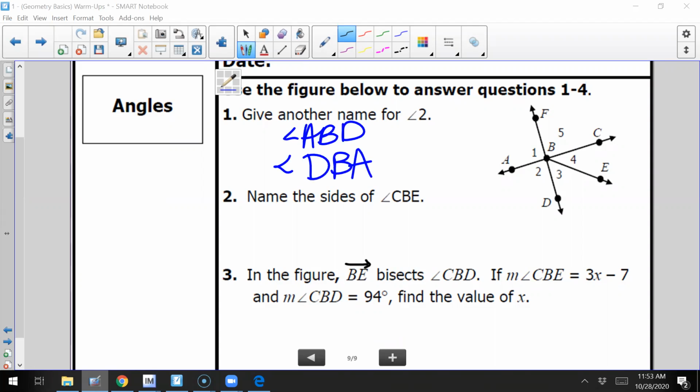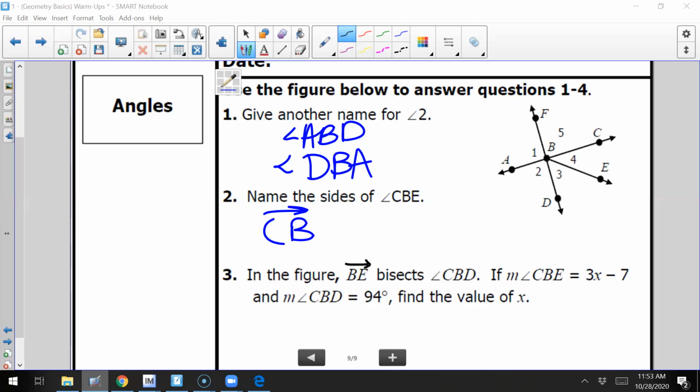Okay, name the sides of angle CBE. What are the sides of those? Now, I did that too, but these are rays, so would that be the right name? It's got to be BC.